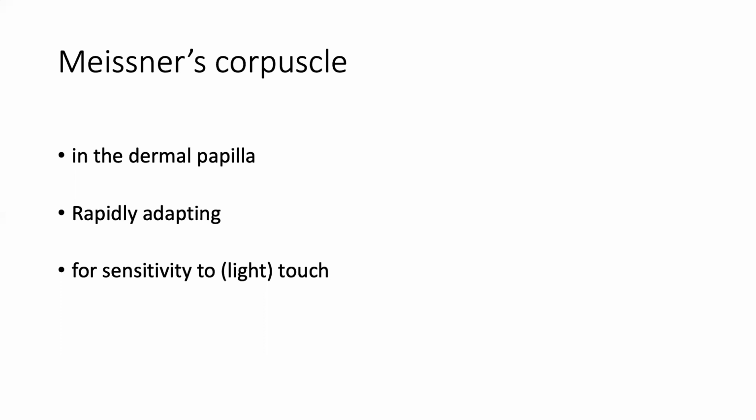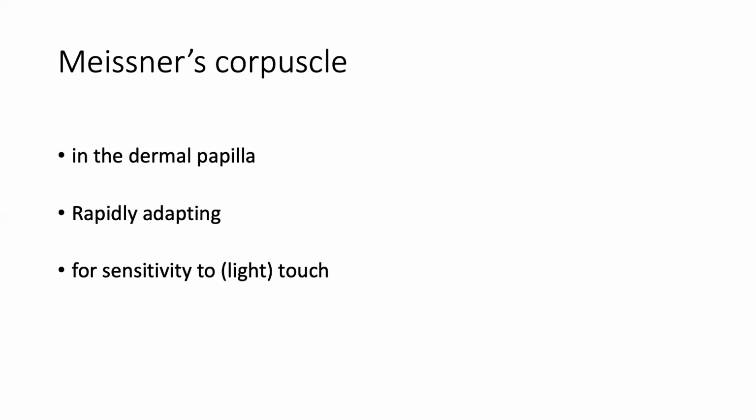Meissner's corpuscles are present in the dermal papilla, as we saw on our previous diagrams. They are rapidly adapting, and their function is to detect touch.